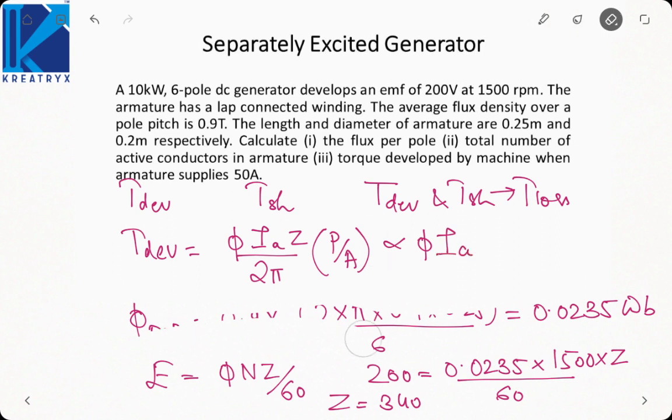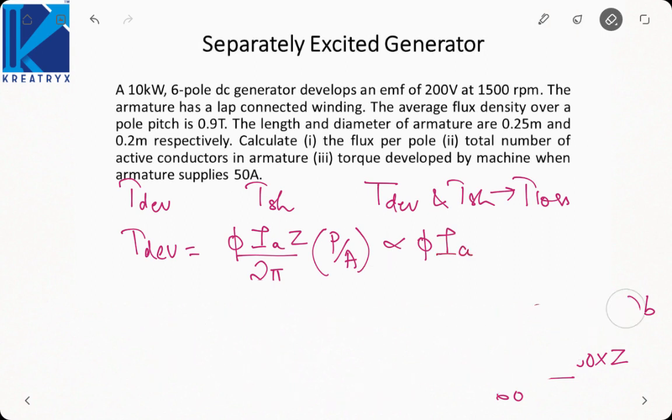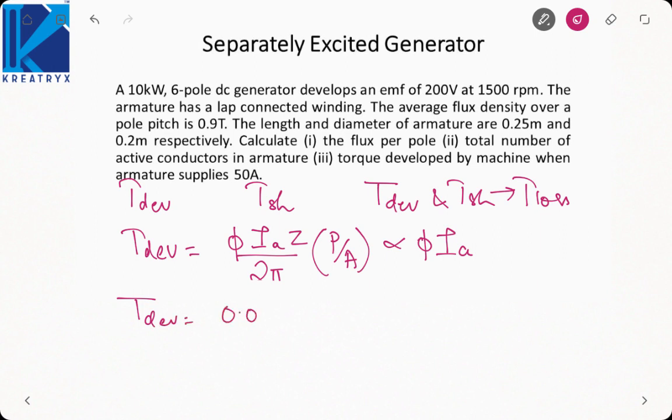These concepts are far more helpful when we talk about DC motor rather than DC generator. So if you wish to find out developed torque, it is 0.0235. Now what is the current? 50 ampere. Z is 340 by 2 pi. P by A will be 1.